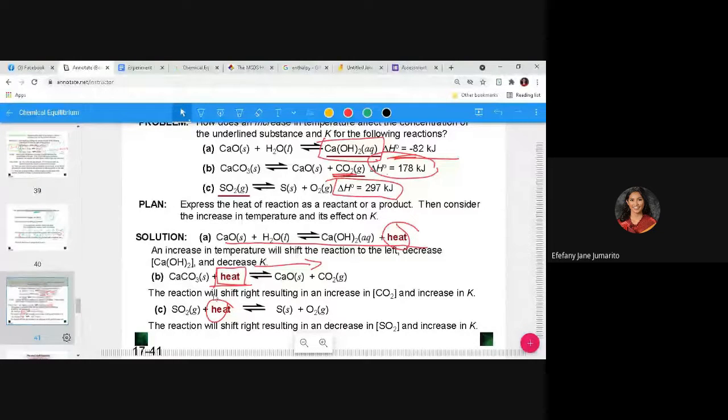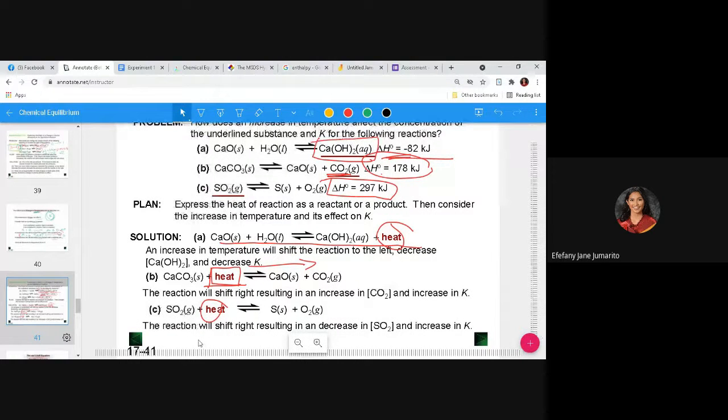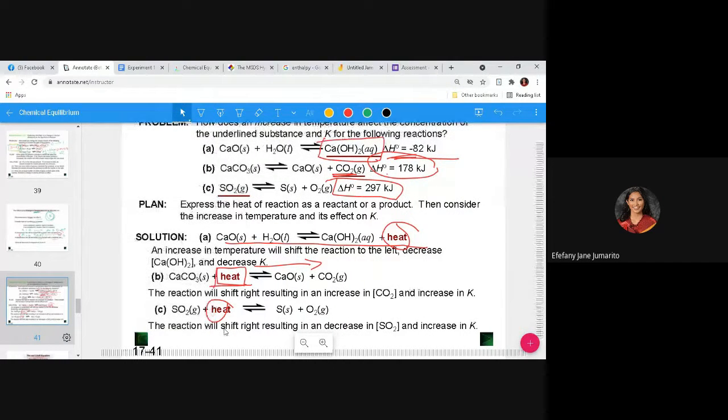If your heat is higher, the reaction is faster. For example, if you cook and your heat is high, of course your reaction is faster, and the reactant, the rice, will be consumed, forming into a product. Therefore, SO2 will decrease and the equilibrium will shift to the right. So that's the effect of temperature.